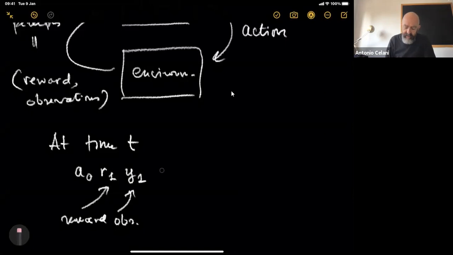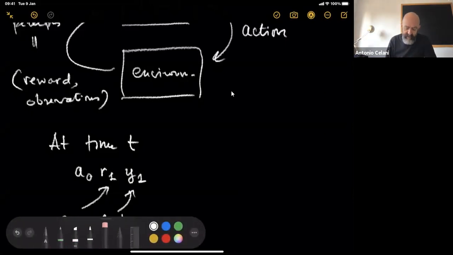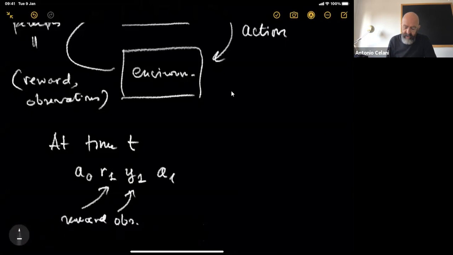And then after that, a new action is taken, which may and should depend on the previous things that have happened, and then another sequence of rewards and observations, until at time t-1 we receive the couple.